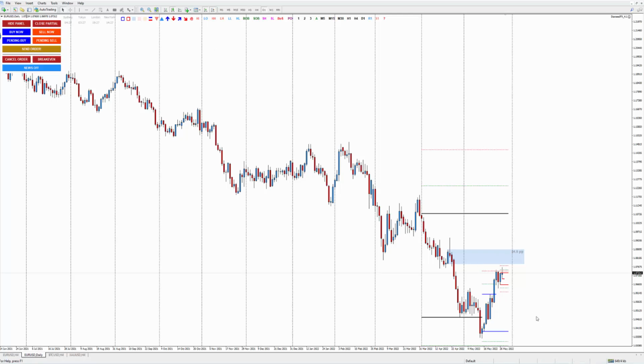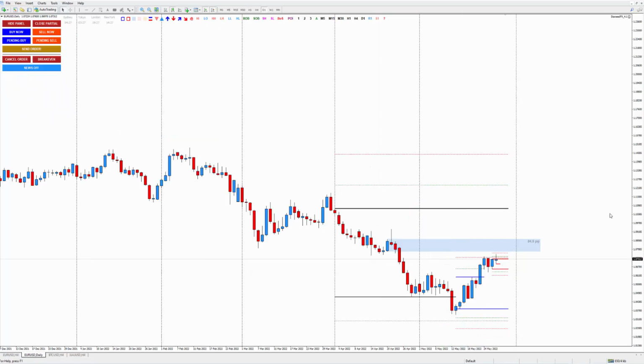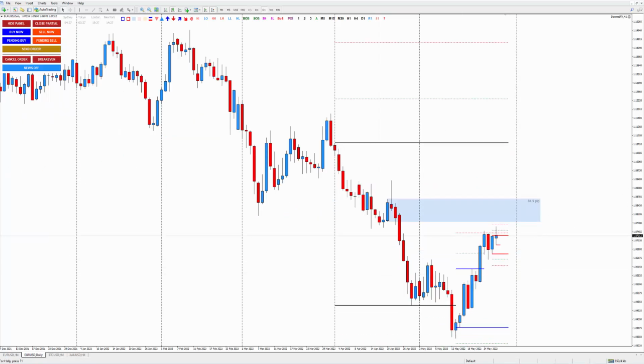Because it is a downtrend, but I'm willing to buy. So in other words, if the main structure is going down and you want to trade the minor structure here, let me draw this.